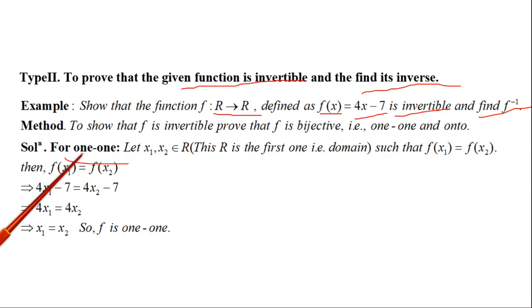A function is said to be one-one if no two elements have the same image. Here this function f will be called one-one only if no two elements from this domain have the same image. So we would show it by contradiction.